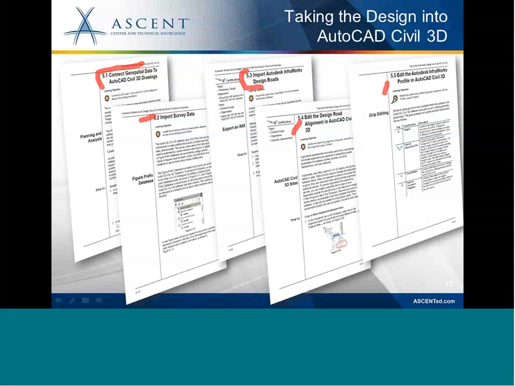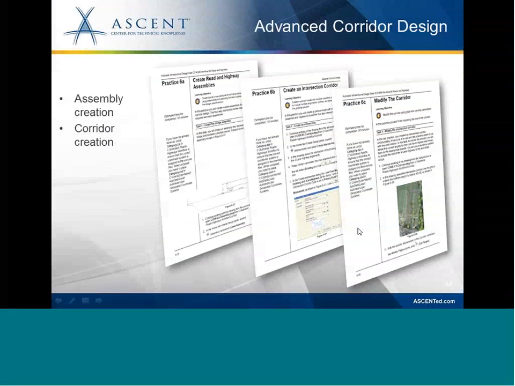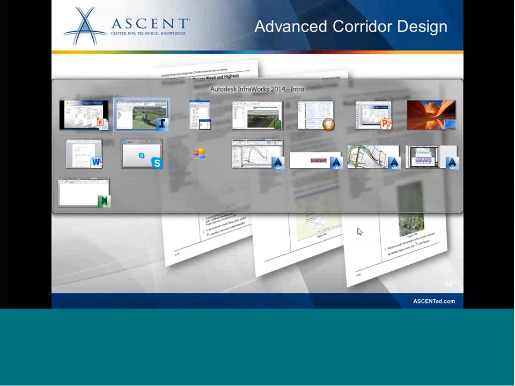And then, of course, we get into some advanced corridor design. And that's when we get into creating the typical subassemblies, typical cross-sections or your assemblies, and then creating the corridor. Now, let me take you into the Civil 3D drawing that has this information in it.